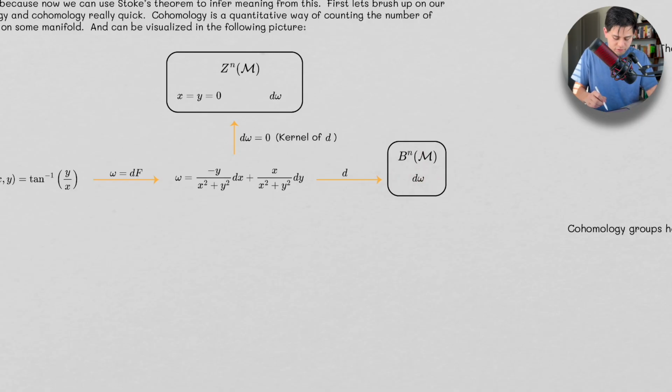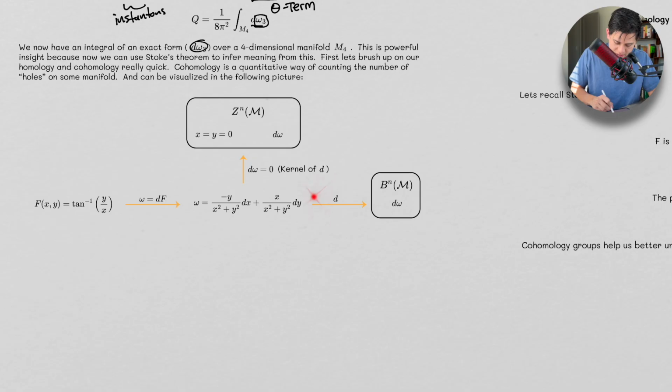This is going to be an exact form, right? I'm not going to write the whole thing out, but when we take the exterior derivative twice of something, that's going to be 0, right? So that's going to be what's called an exact form. When you take the exterior derivative twice you get 0.